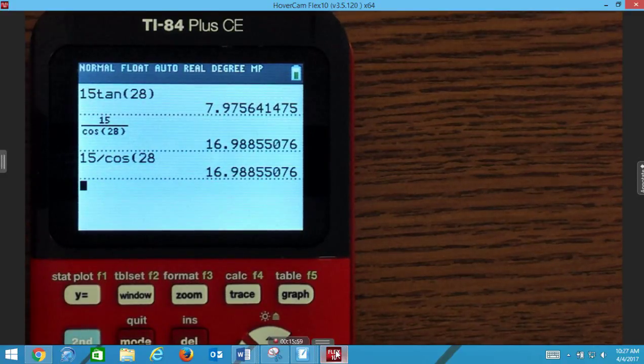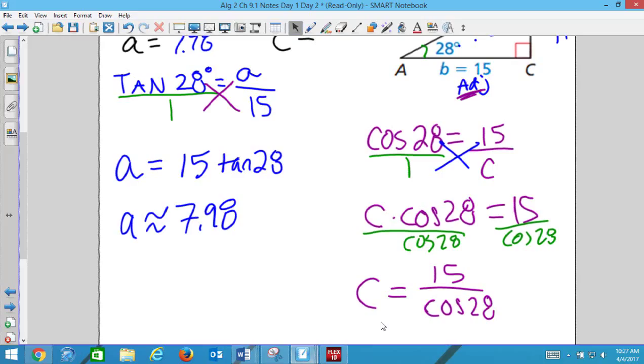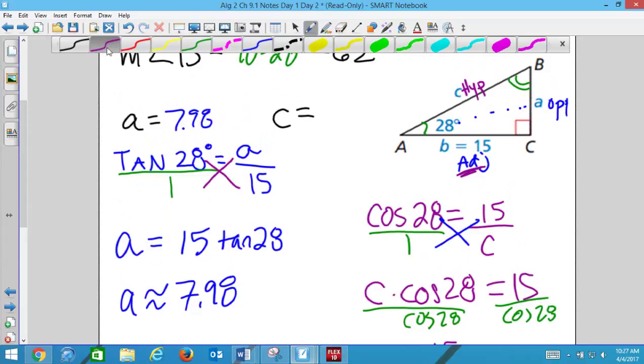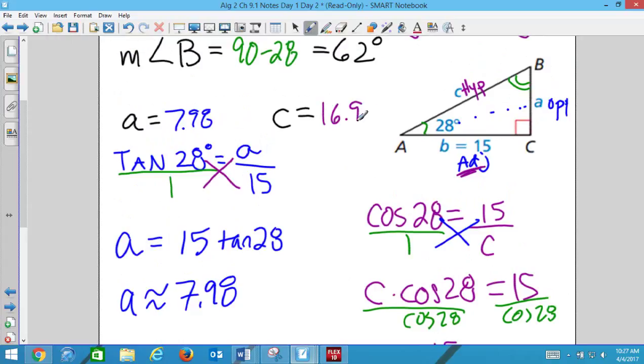So I typed it in 2 different ways depending on which calculator you have, and I got 16.99. If you type in 17, it's going to mark it wrong. 16.99, if they want you to do the nearest hundredth. Okay. So that is finding all the information.